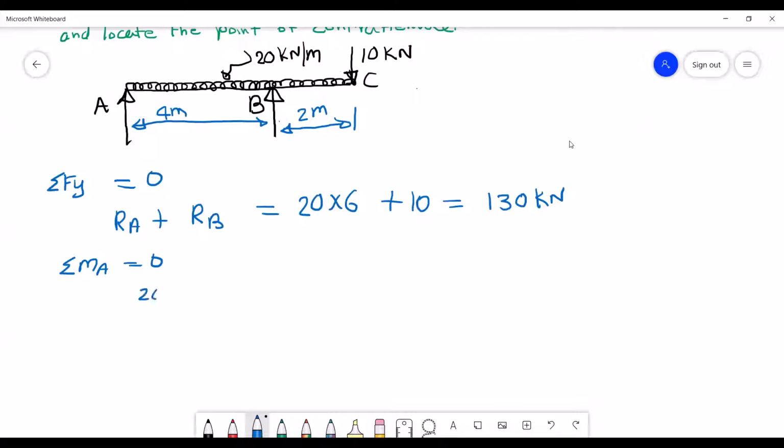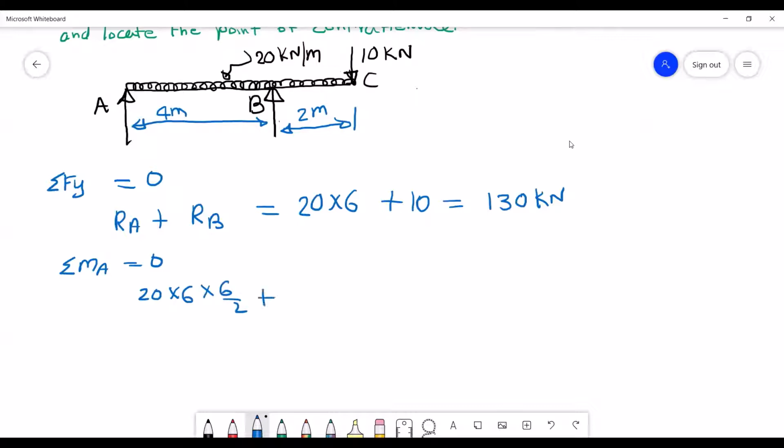Then another one is 20 into... 20 into how much is it spread? 6. And it will be acting at 6 by 2.